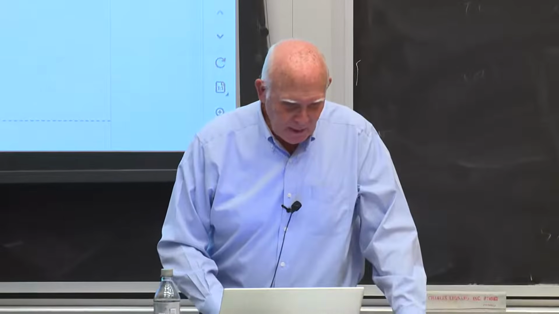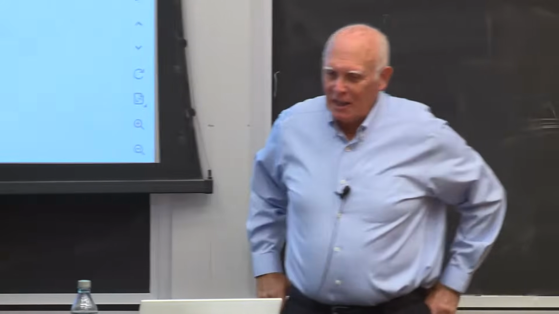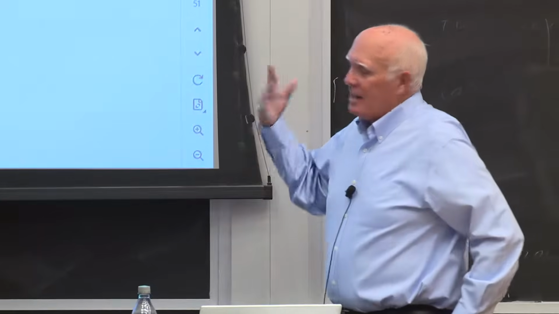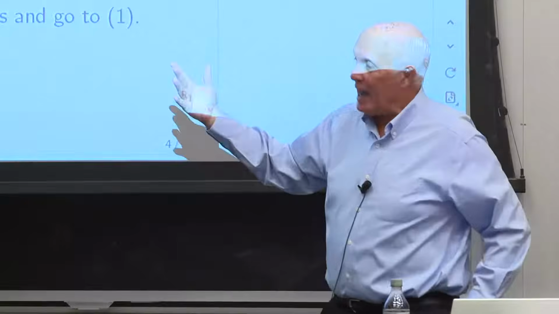All right. Well, let's continue with our discussion of linear regression modeling. And as we introduced last time, there are ways one can formalize fitting a model, which is to propose a model, specify criteria for judging different fits or estimators of model parameters, then find the best estimators, and then check our assumptions underlying the specification of the criterion, and possibly, if necessary, modify the model because the assumptions that we made aren't satisfied.